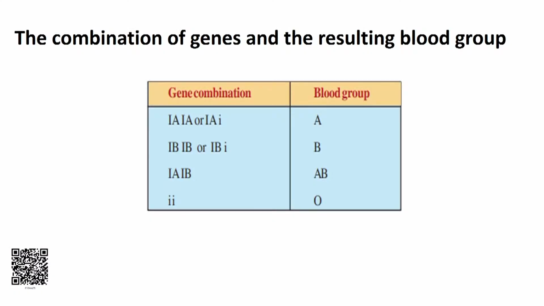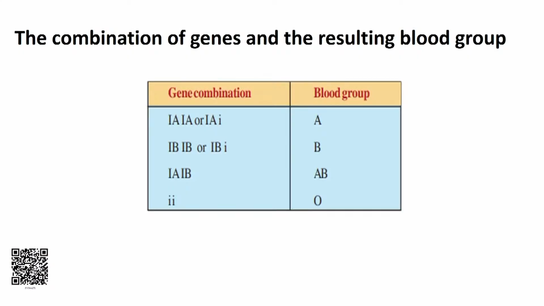You can see IA IA or IA i, blood group is A. Gene combination IB IB or IB i, blood group B. IA IB, blood group is AB. Small i small i, blood group O.